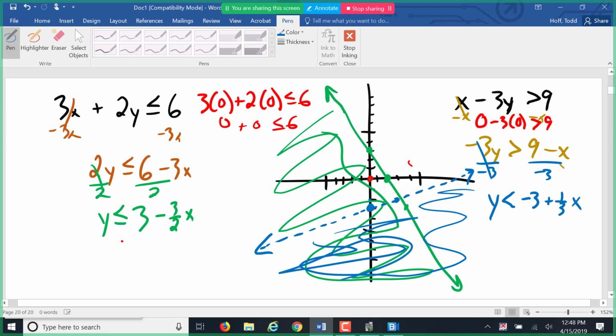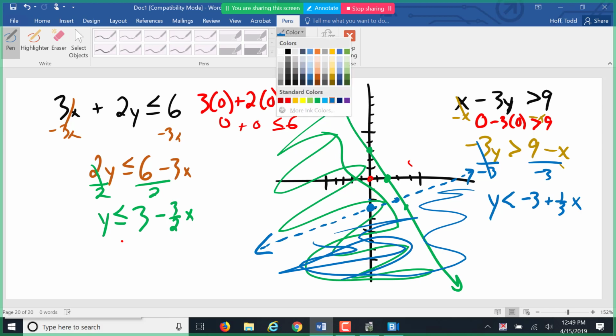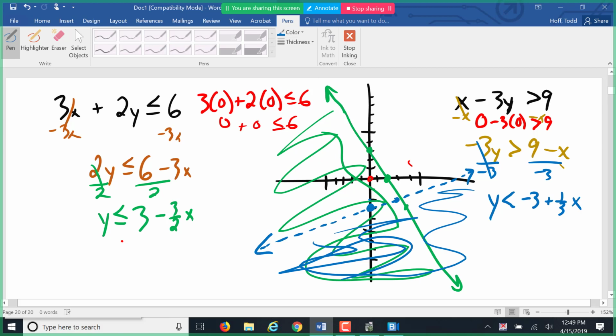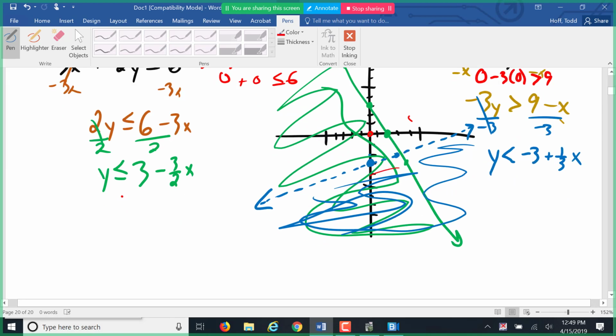Well, since we're looking at systems, remember when we graphed lines, we did systems of equations. It was the point that makes both equations true, or 3 equations true if we're looking at multiple equations. Here it's not equations, it's inequalities, so it's points that make both of them true. And so for this, that would be where they overlap. Well, they overlap over here.